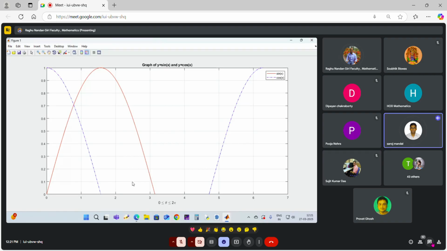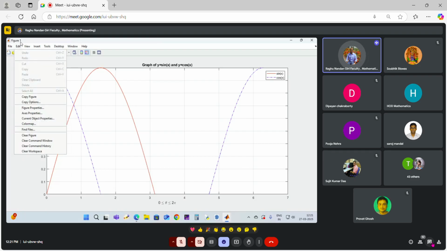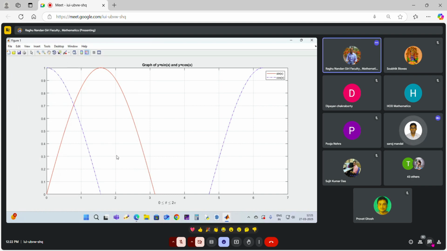Are you getting my point? Yes, sir. From programming I did not see how to change it, but from the figure window, there is the option edit axis properties. I think it is possible to change from there. You want a direct command? It is there.